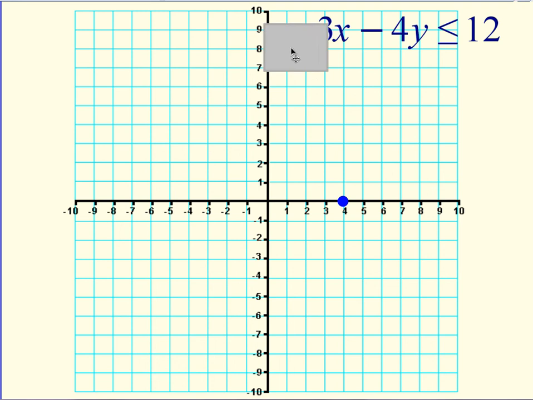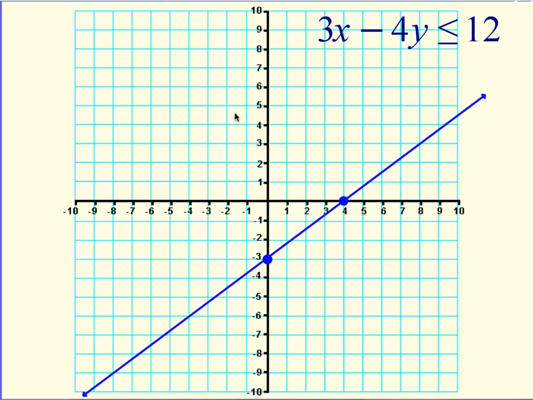To find the y-intercept, x has to be 0. Solving that as if it were an equation, I would get y is -3. And that's our y-intercept. Using those two intercepts, I can graph our line, and because this is less than or equal to, that's going to be a solid line instead of dashed.